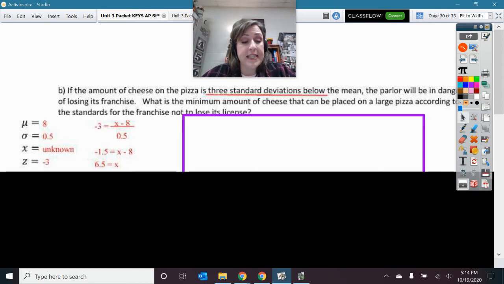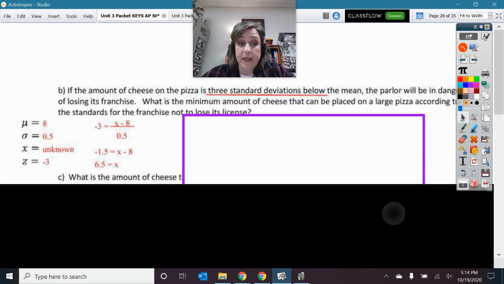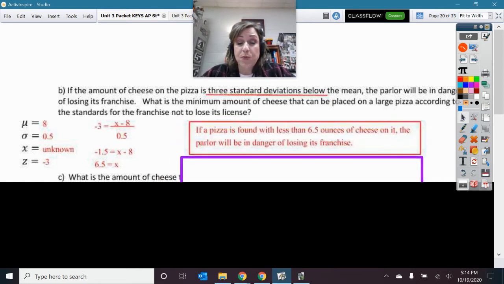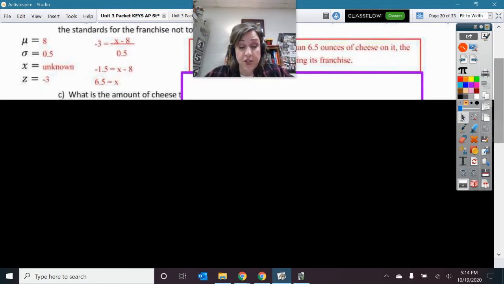So I'm going to set up my Z equals X minus the mean over the standard deviation, and then I'm going to do algebra to solve. And I get 6.5. So this tells me that if the inspector found a pizza that only had 6.5 ounces of cheese on it, then that pizza parlor would be in danger of losing its franchise because they're chinsing out the customers and not holding it up to standards.